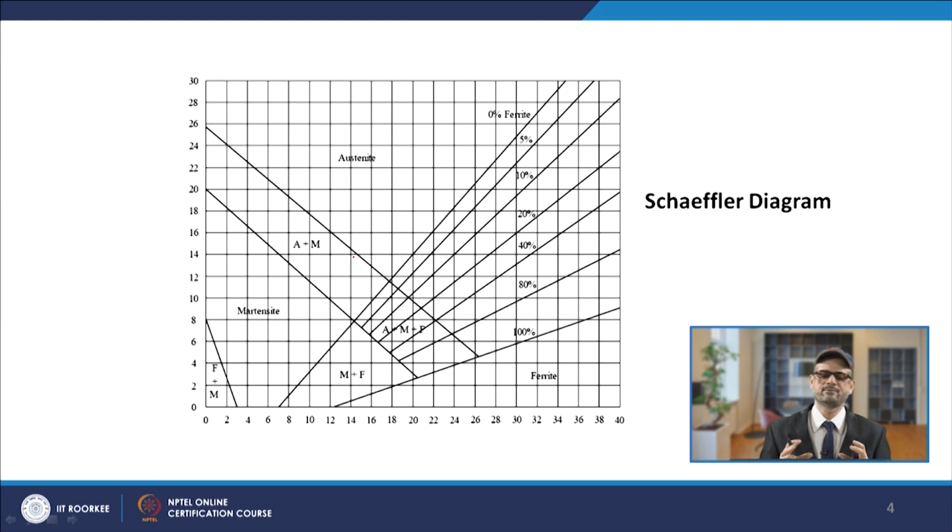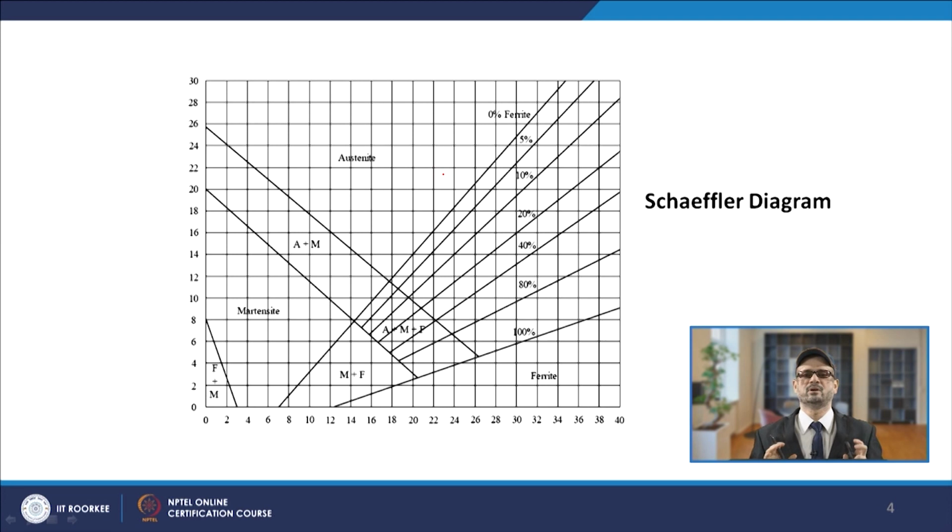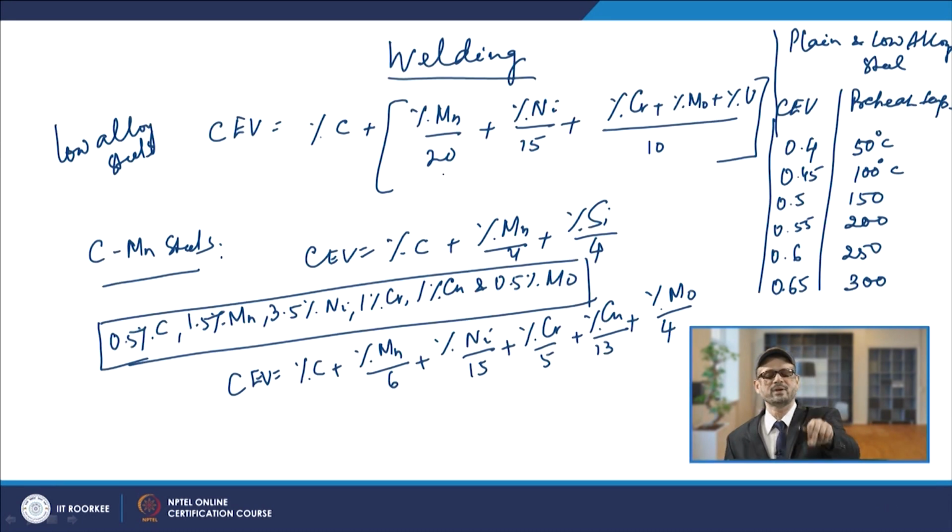However, if you have a filler metal of slightly different composition, then for the filler metal you will have another point on this diagram, and then you will join these 2 points, and the middle point will be talking about the composition of the weld deposit, because the weld deposit is a fusion of parent metal as well as the filler metal. So, we calculate these chrome equivalent as well as the nickel equivalent values.